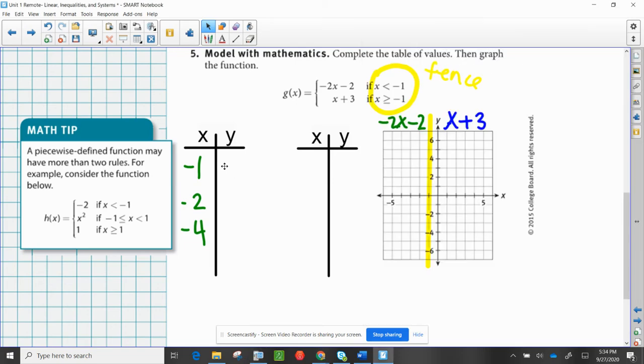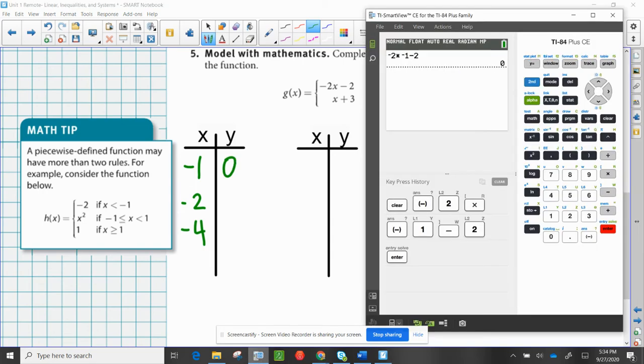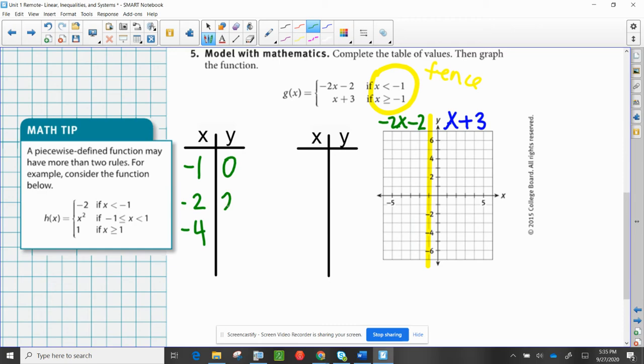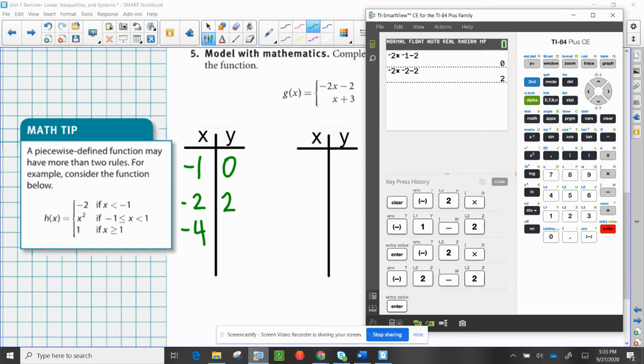We get 0. Same thing if I do the next one: -2 times -2 minus 2. What do we get? +2. And the last number I picked was -4. So -2 times -4 minus 2 gives me +6.